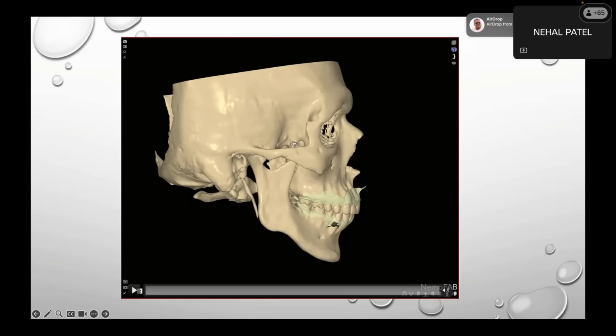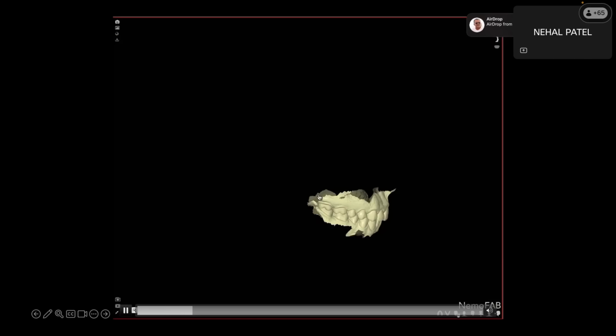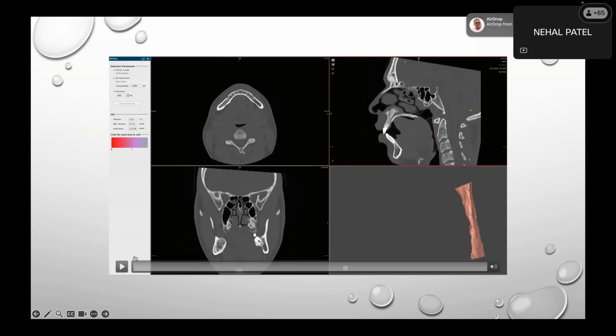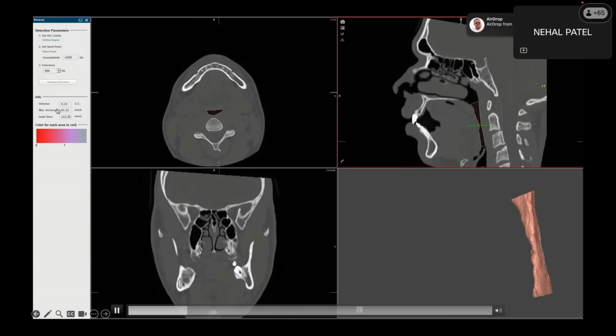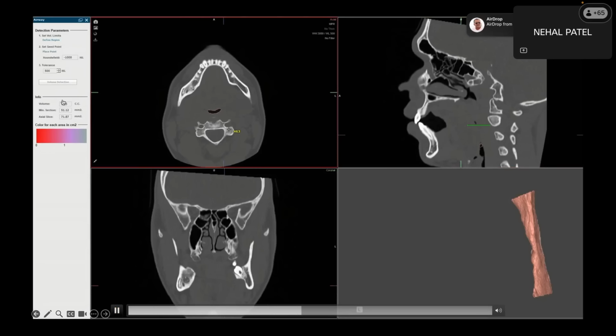So what we do is plan this on a virtual surgical planning. We take the impression, we analyze this patient, and that's the airway volume from the beginning. If you look on the left side, the airway volume of this patient is only 5 cc. That's too low.